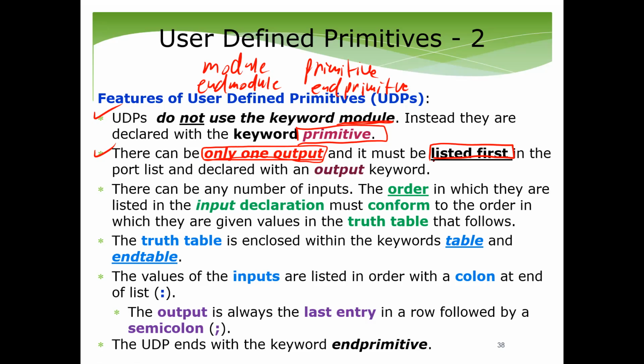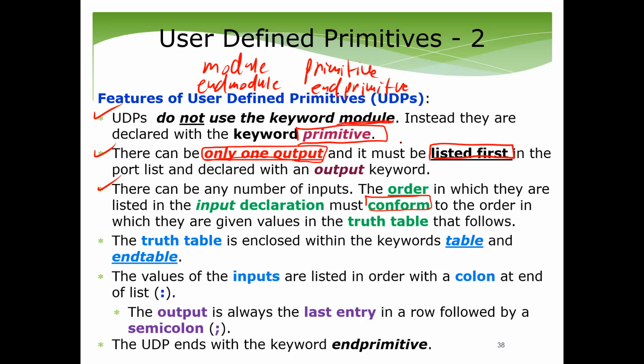We need to list the output first. ففي التعريف, when we write the primitive, we have first to declare the output signal, and it's going to be only one output. بالنسبة للinputs, you can have any number of inputs, ولكن when you call this UDP, you have to follow whatever order that you had for the input. And we're going to see example of that.